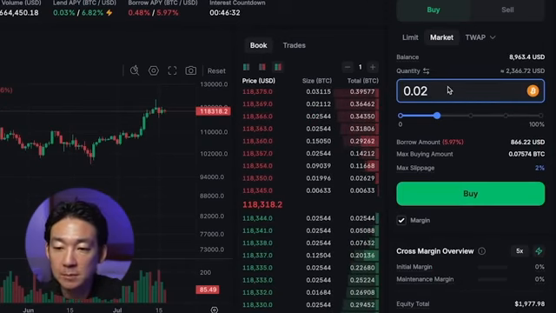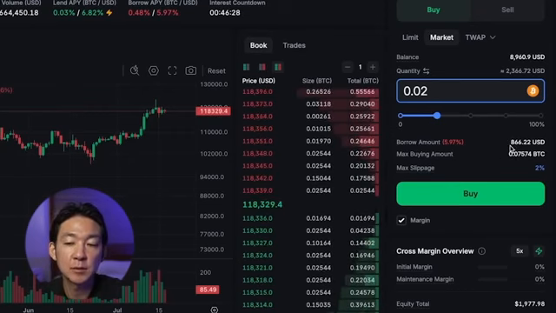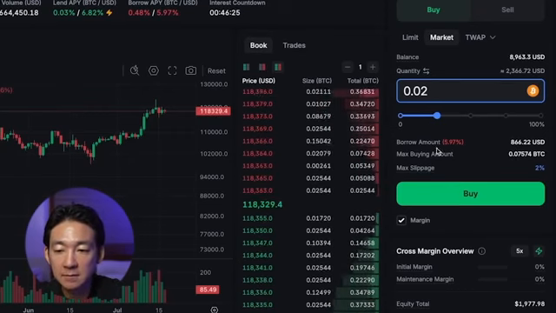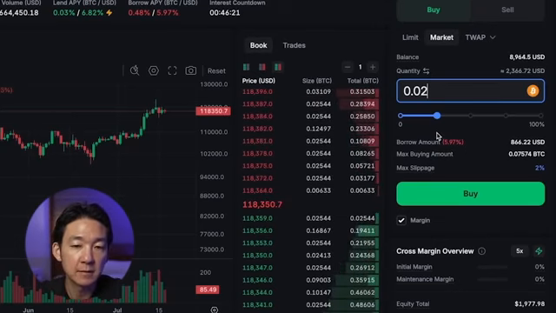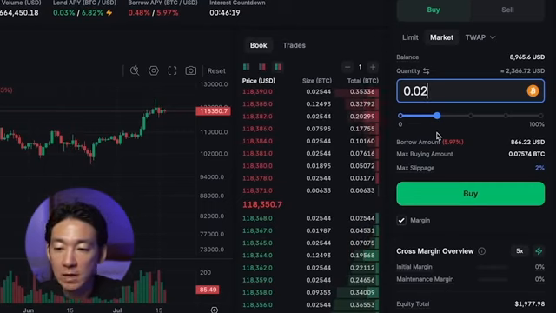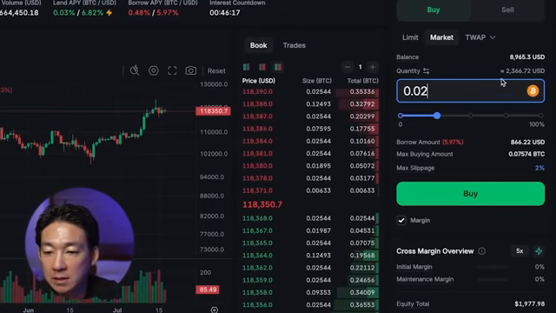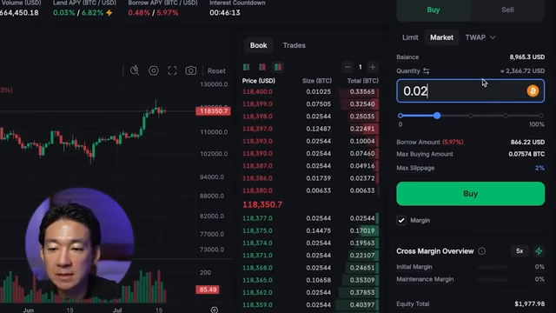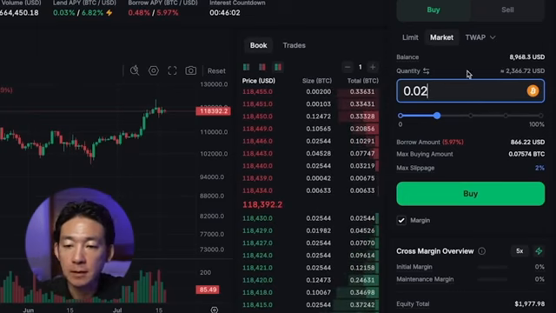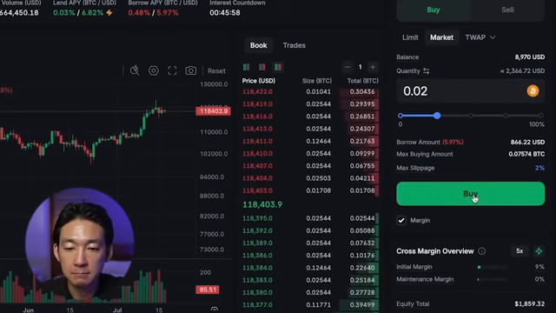That means I'm going to borrow about $866 at the interest rate of 5.97%, which is a market rate on this exchange. And the quantity, meaning 0.02 Bitcoin, is $2,366. And this is a market order. Let's place it, okay? Click buy.